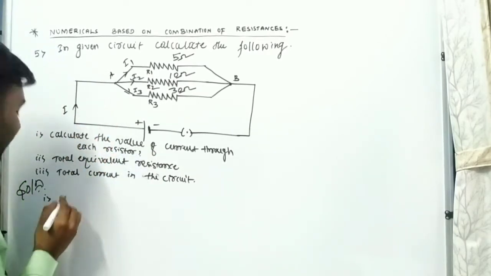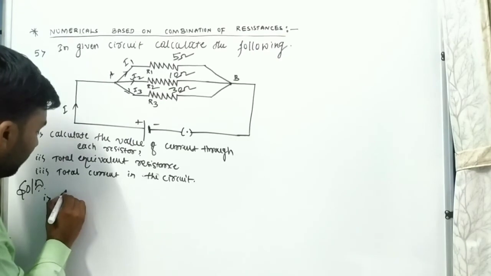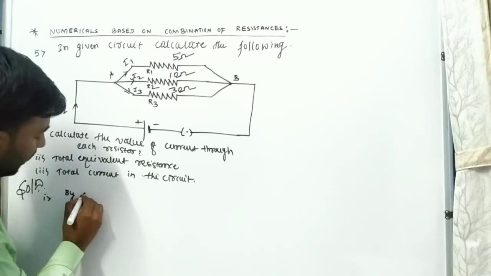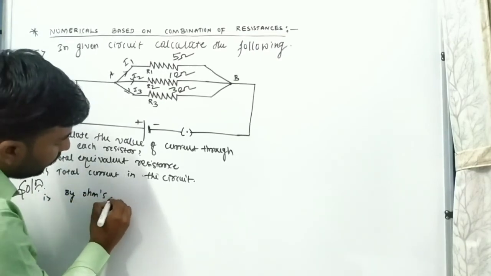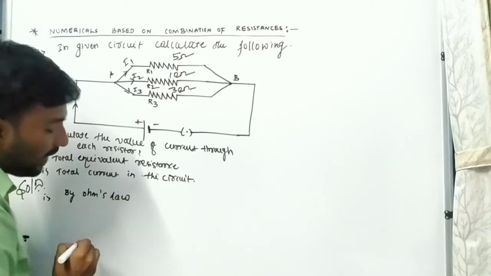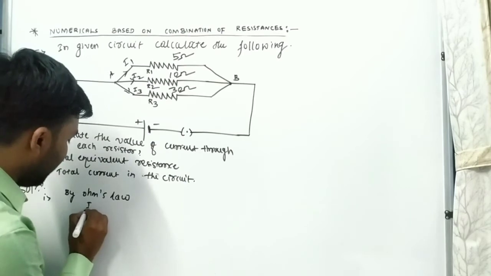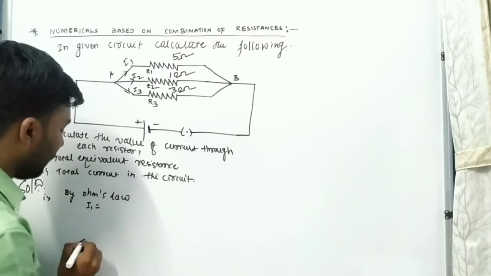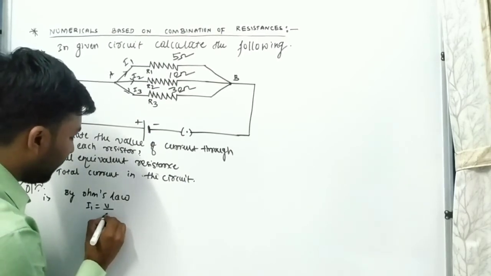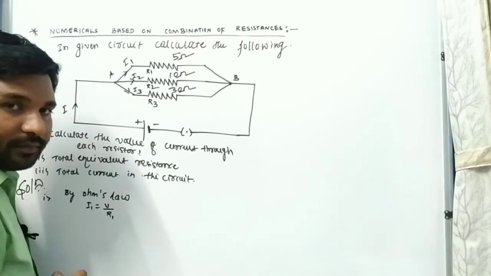First I will calculate this by Ohm's law. By Ohm's law, I1 is equal to V divided by R1.